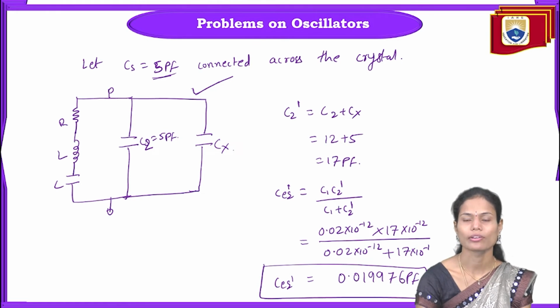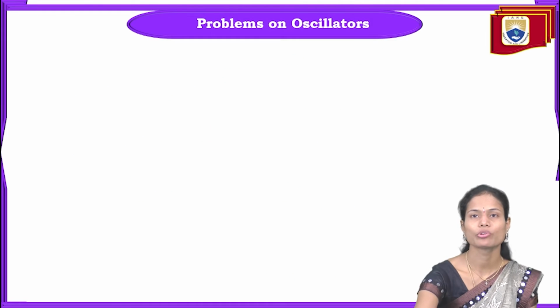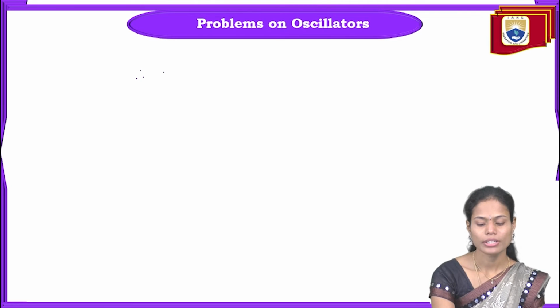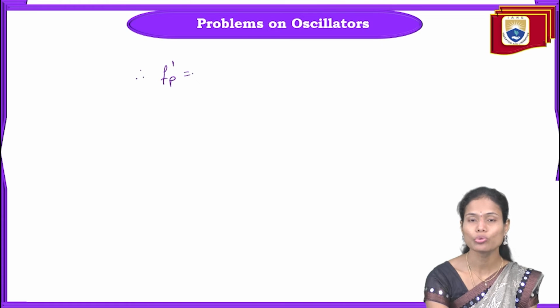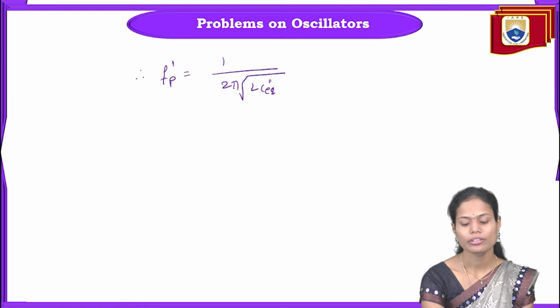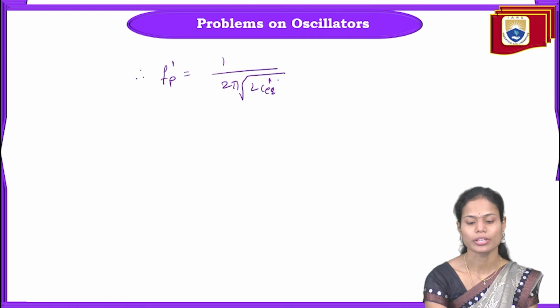So by using this particular capacitance, how much amount of frequency we are going to get? So that we can calculate the parallel resonant frequency, the new parallel resonant frequency. I am taking it here as Fp dash, that is 1 by 2 pi under root of L C equivalent dash. Instead of C equivalent, we are utilizing C equivalent dash here.